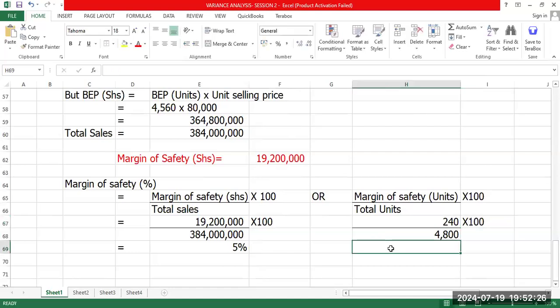What do you get? 4%? It is actually 5%. If you round off, do you get 5? It's 5 exactly. Okay, then. So regardless of the formula you use, you still get the same.